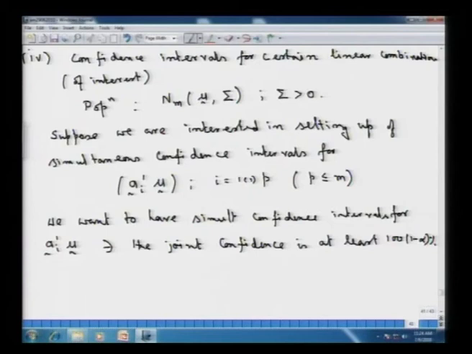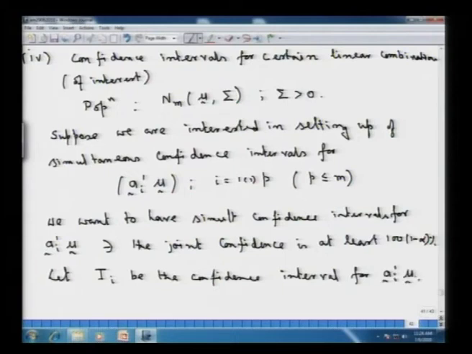Now, what we are going to do is that let I_i be the confidence interval for this a i prime mu component. So, if we have this I_i to be the confidence interval for a i prime mu, what we are trying to achieve is the following probability statement.